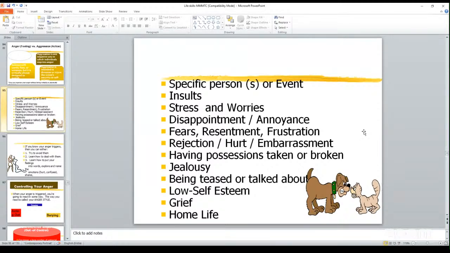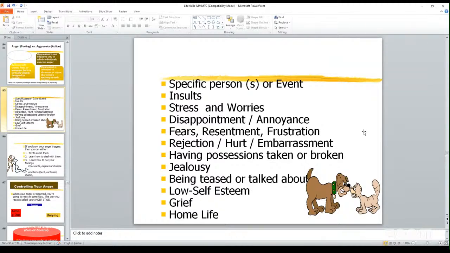When you are rejected, hurt, or embarrassed by others, it definitely brings anger. Then somebody takes away your possessions or breaks them, that also can bring anger. Jealousy of others can bring anger. Being teased or talked about, not a good idea, brings anger. When you yourself have low esteem or you evaluate yourself lower, that can bring anger. Grief can bring anger. For some people, home life could be a trigger.